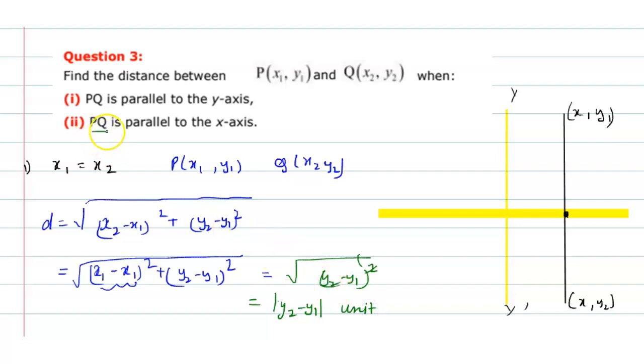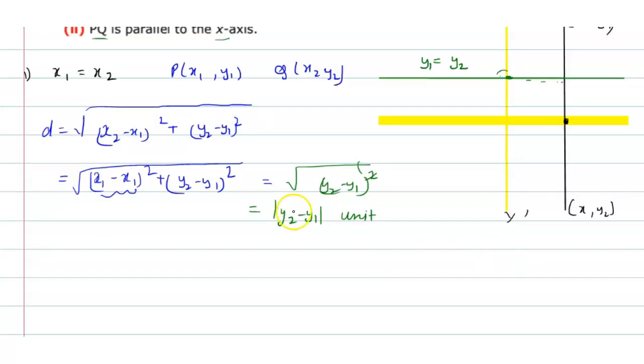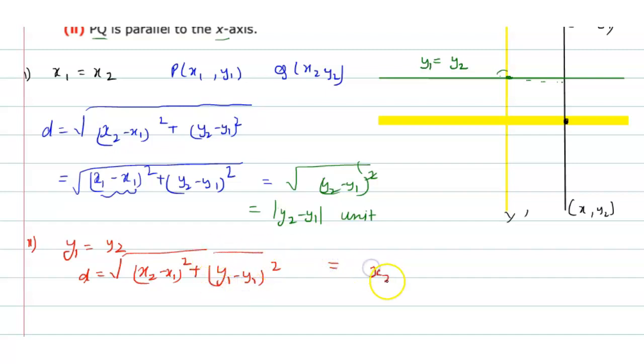Now the second part is PQ parallel to the x-axis. So you can see that this line is parallel to the x-axis, in which y1 is equal to y2 because the points lie on the same horizontal line. So the distance between P and Q in the second part, with the condition y1 equal to y2, is the root of x2 minus x1 squared plus y1 minus y1 squared.